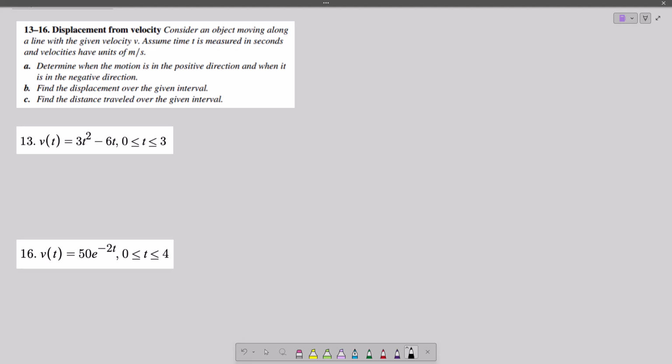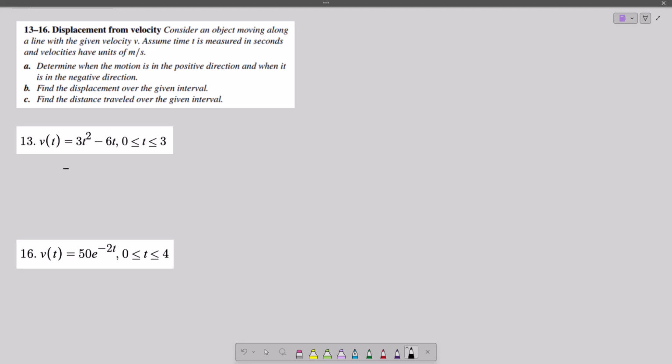So this velocity function, first we want to know, hey, when are we going to the right, when are we going to the left? Well, what we saw a couple slides ago is that the easiest way to determine when you're going positive, when you're going negative, is to look at the graph. So we want to be able to graph these velocity functions because then the picture is very revealing. So let's go ahead and graph this.